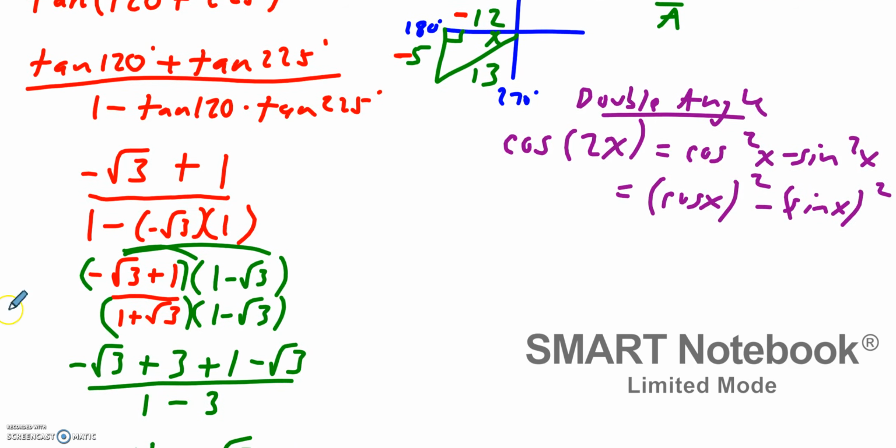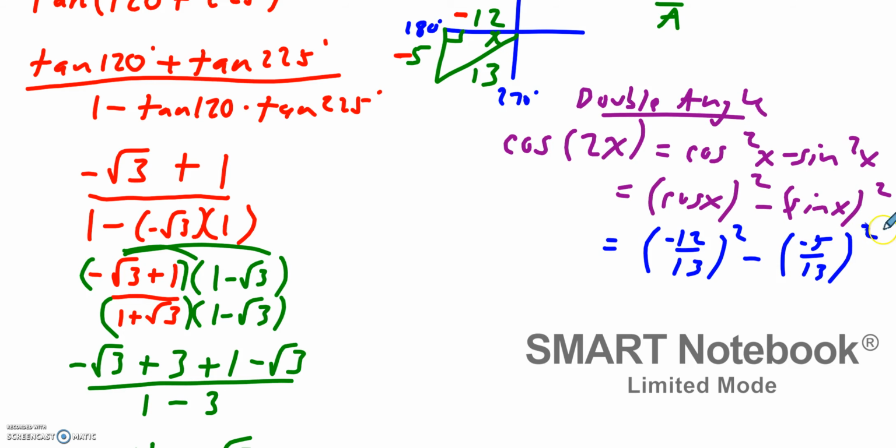And from our triangle, we know what the ratios of cosine and sine are. Cosine, the ratio from the angle x, is negative 12/13. So we're really taking negative 12/13, we are squaring it, and we are subtracting the sine ratio, which is negative 5/13, and we are squaring that as well.